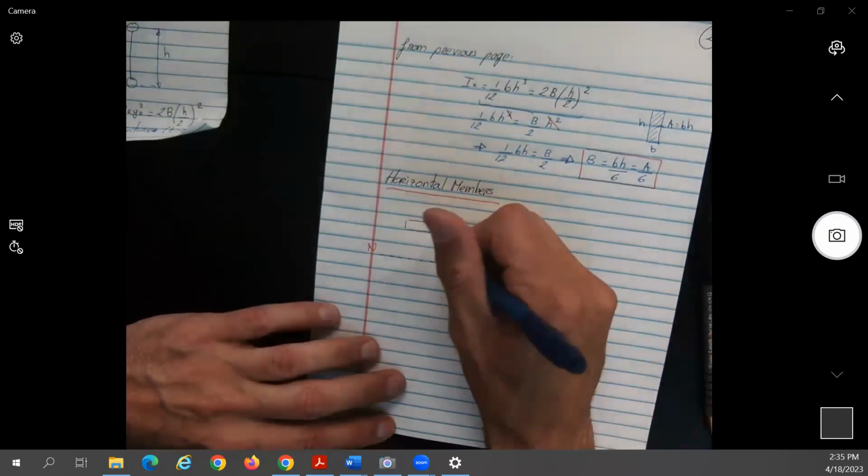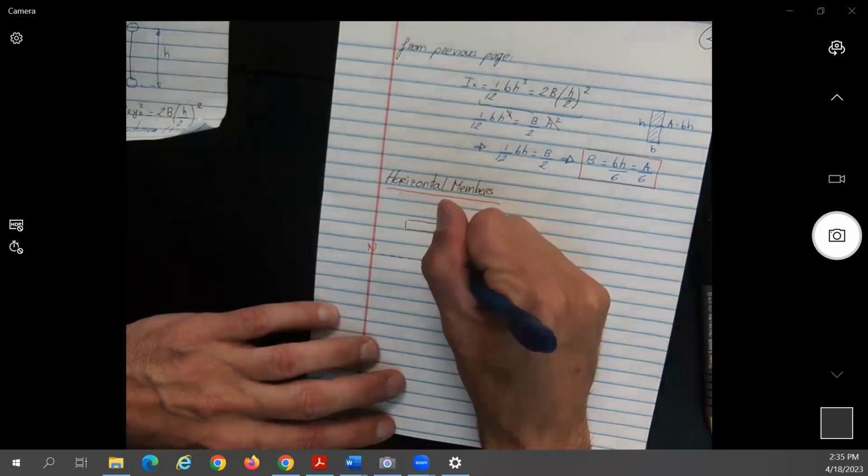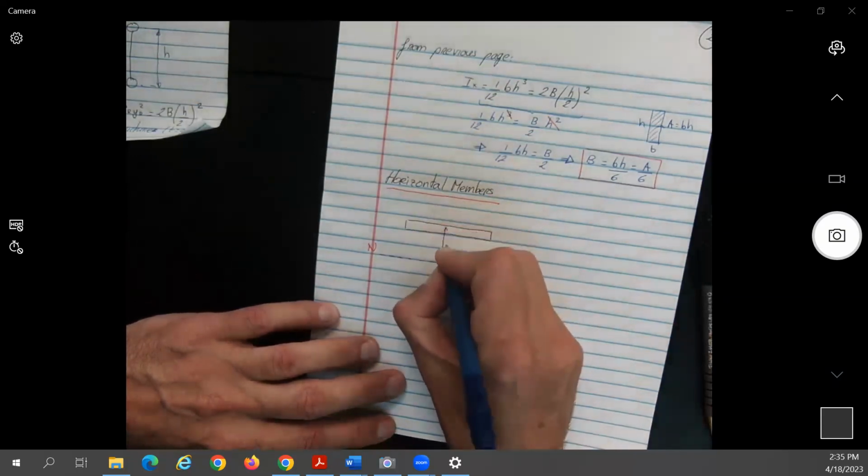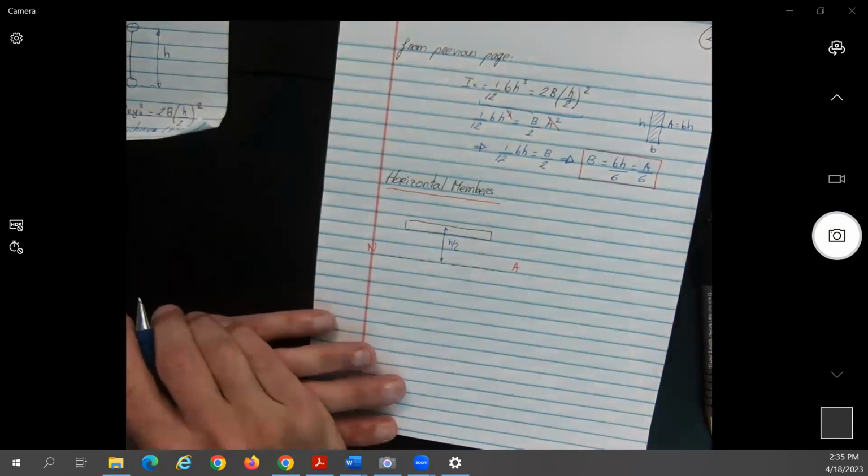So for thin members, we can assume the distance to the neutral axis will be h/2.